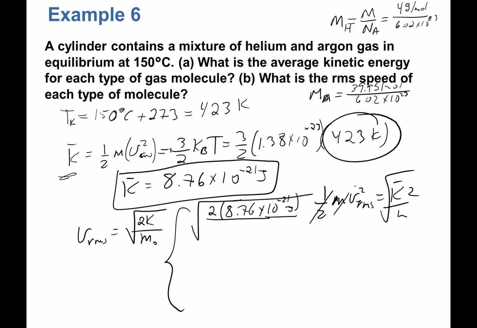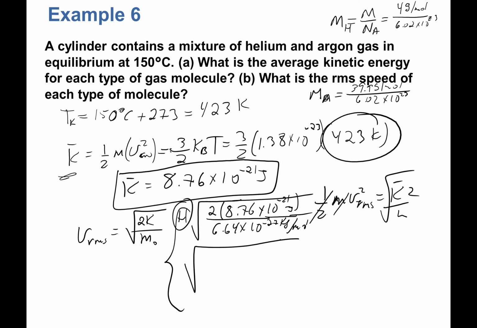The idea here is this. If I'm doing it for the helium, then I'm going to end up with the mass of the helium being 6.64 times 10 to the negative 27 kilograms per molecule.